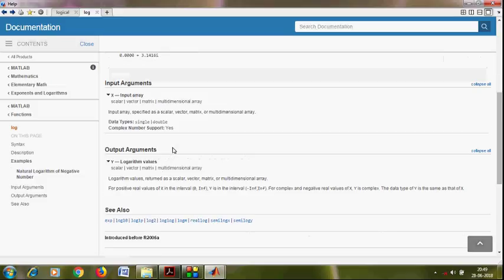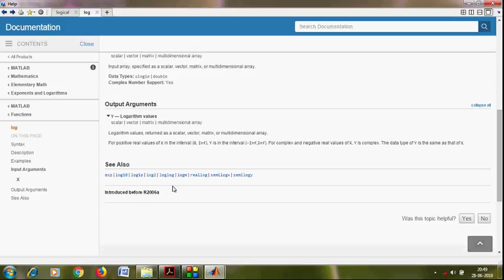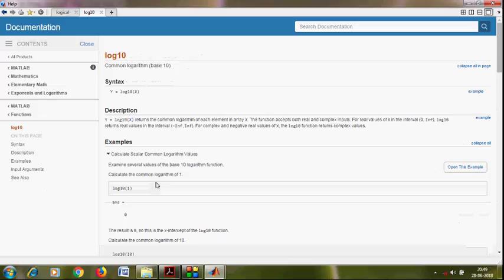Now if you want to use any other base, like log10, log2 and so on, there are specific functions. If you are very much unaware which is the base, you can go for log m. Say log10, you can say log10. So if I say log10 of 1, it is 0, because 10 to the power 0 is equal to 1.